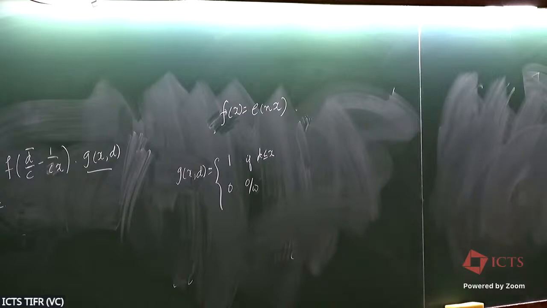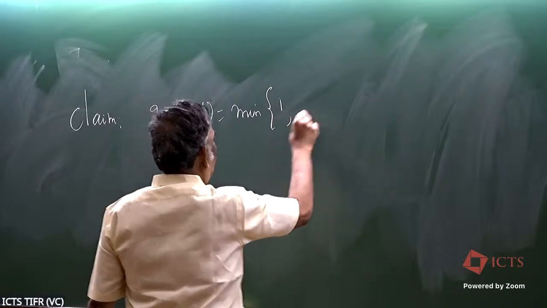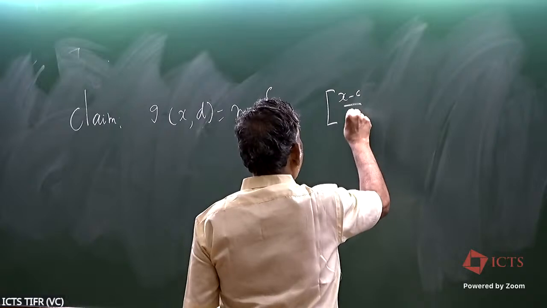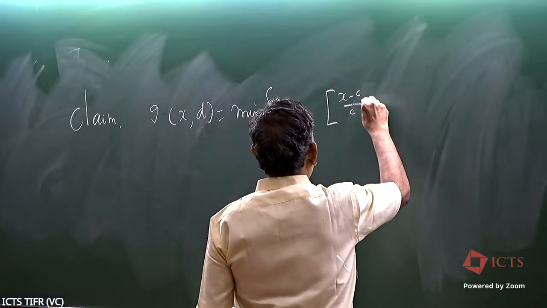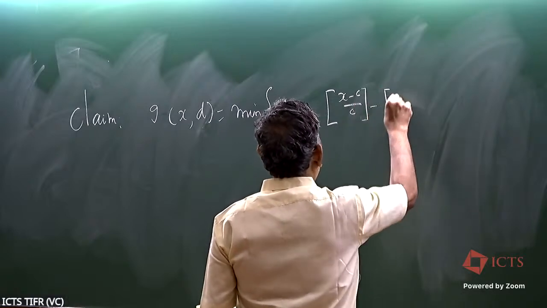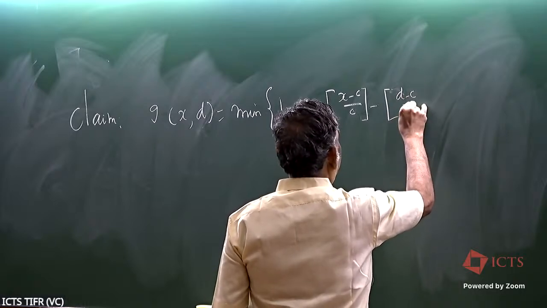Okay. Now, for this g of x,d, I need a formula. I claim one can take g of x,d to be the minimum of 1 and the fractional part of (x minus little c) by c, and then minus (d minus c) by c.